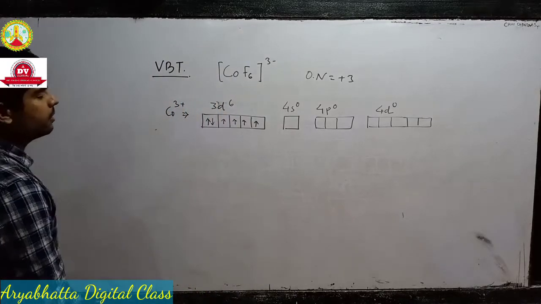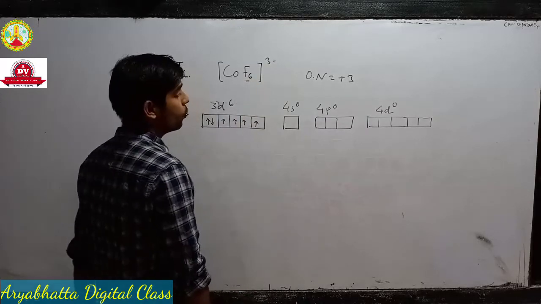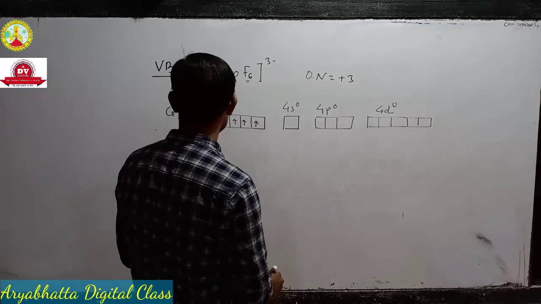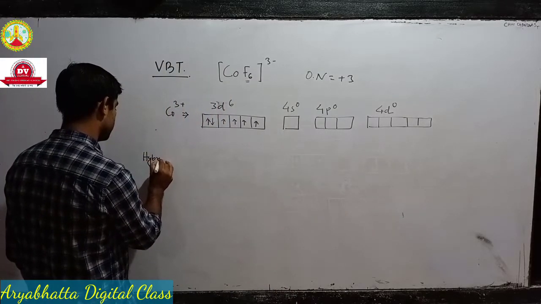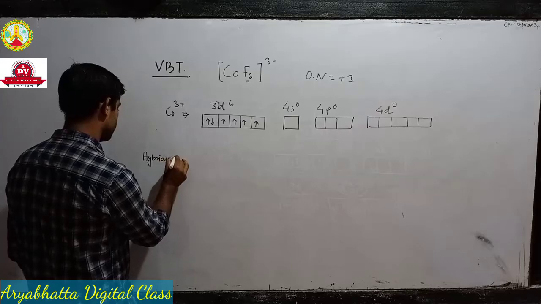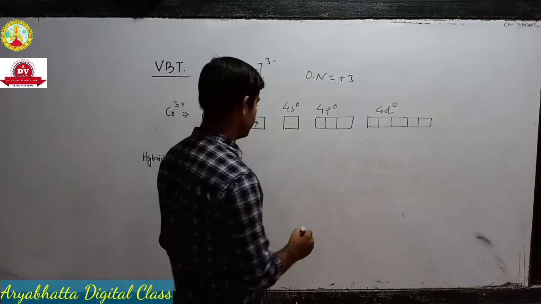Now what happens in this complex? We need 6 hybrid orbitals. So in the hybridization state, we need 6 hybrid orbitals.